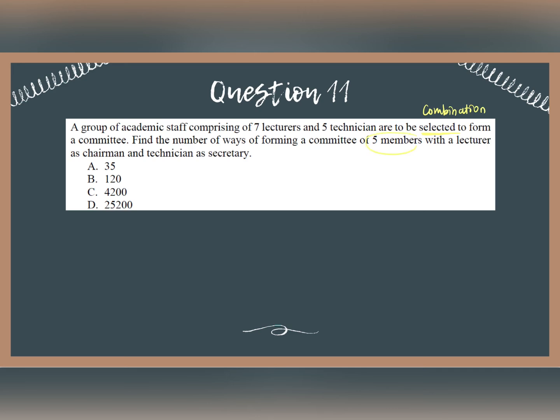They want 5 members with a lecturer as a chairman and technician as a secretary. Okay, so this is what will happen. So we want chairman, secretary, and then 3 more members. Okay, this is what we want to select.